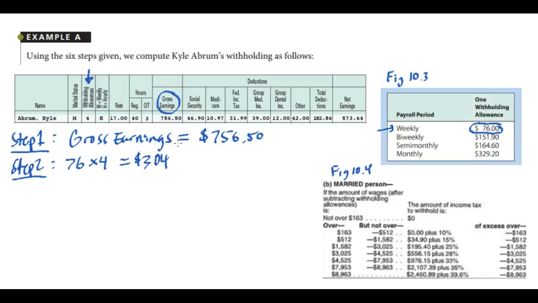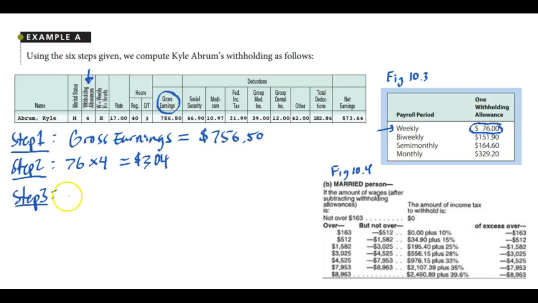That piece of information, including the information from step 1, will be used in step 3. Step 3, as mentioned, is to subtract the amount from the employee's gross earnings. So use the step 2 amount that we just derived, and subtract that from step 1, the gross earnings.